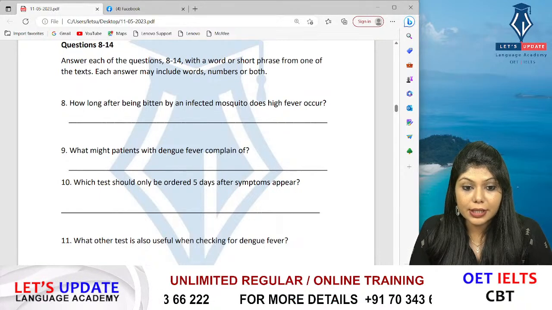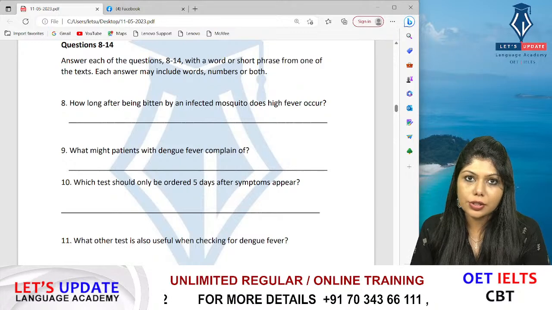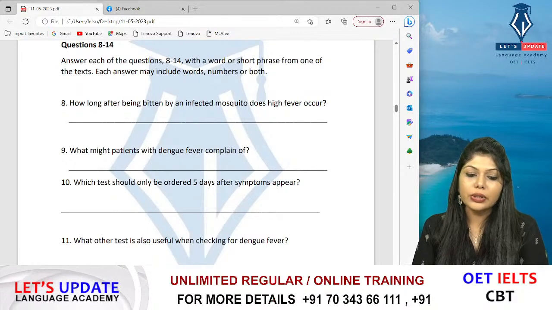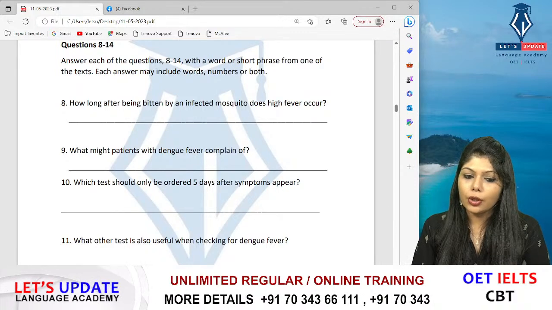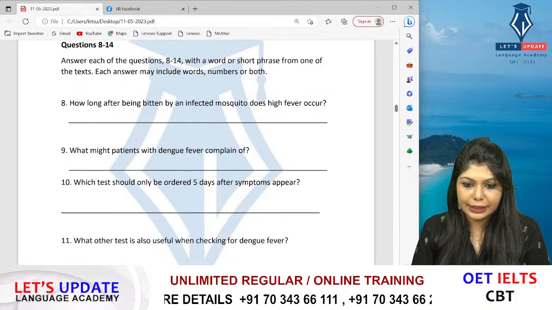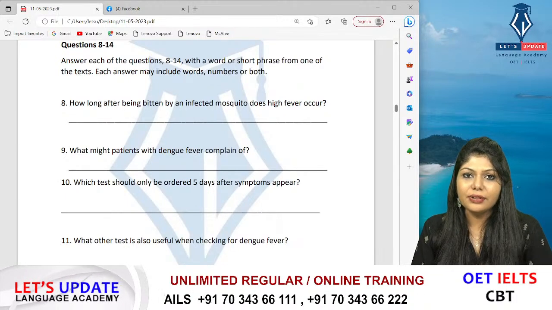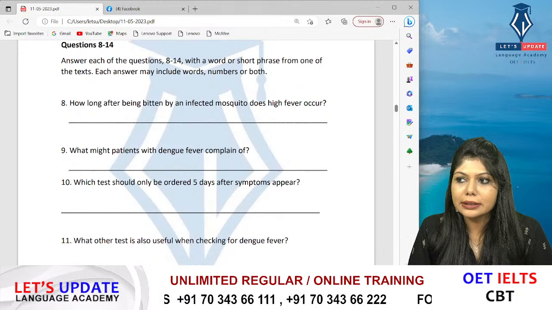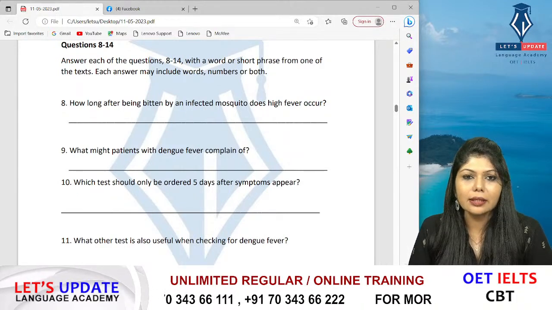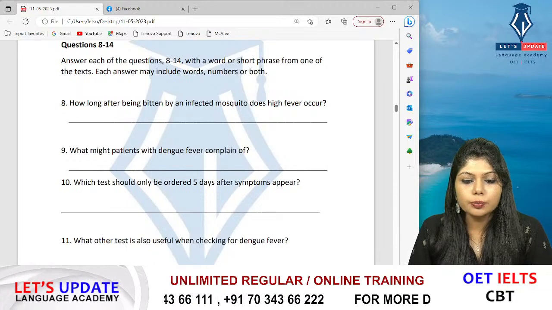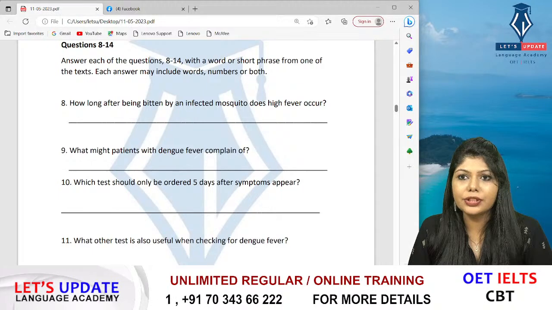I'll just read the instruction of that set of questions. Answer each of the questions 8 to 14 with a word or short phrase from one of the texts. Each answer may include words, numbers, or abbreviations. So what you need to do for questions 8 to 14 is pick up a specific answer, which may consist of 1 word or 2 words, or, very rarely, phrases, in the sense of more than 2 words, like 3, 4, 5 words.